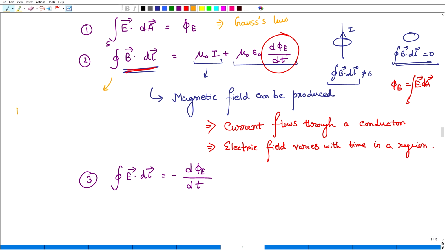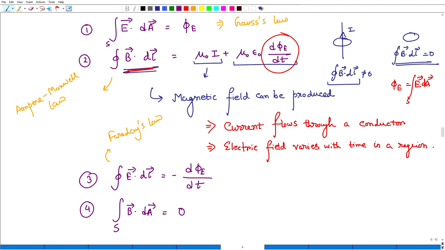This is the Ampere-Maxwell law. I will make a list, and this is Faraday's law. There is another, the Gauss law for the magnetic field, and that is B dot dA is 0.